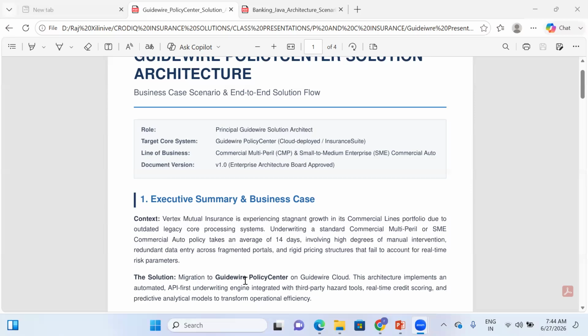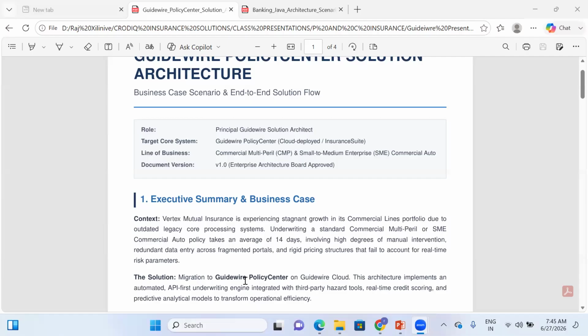That is required anyway. Apart from that, externally it must be integrated with some third-party systems, for example to access vehicle details. If any person wants auto insurance, we want to access the vehicle details.